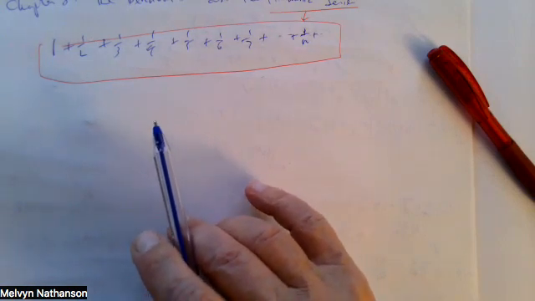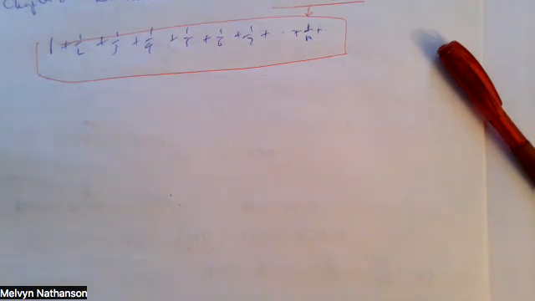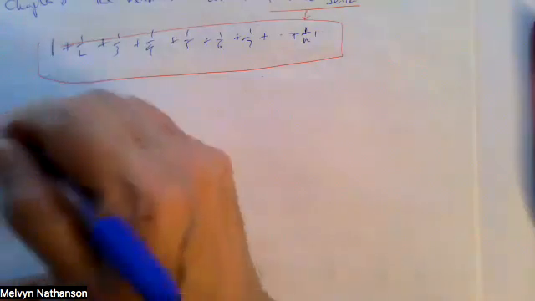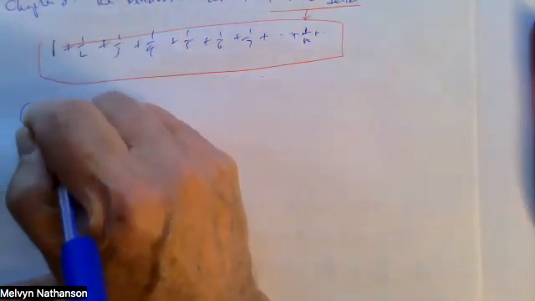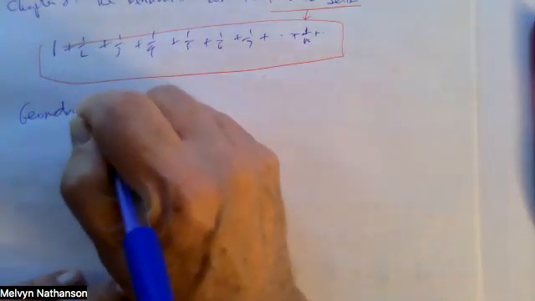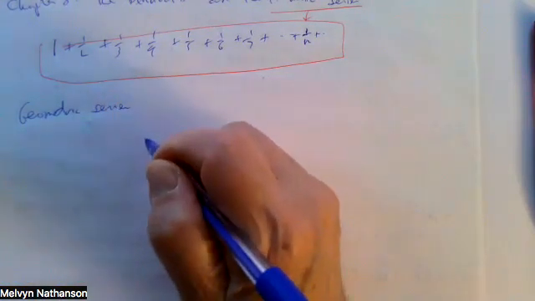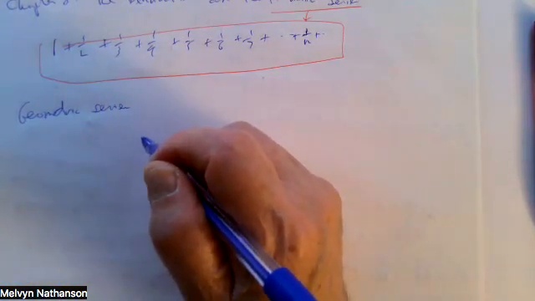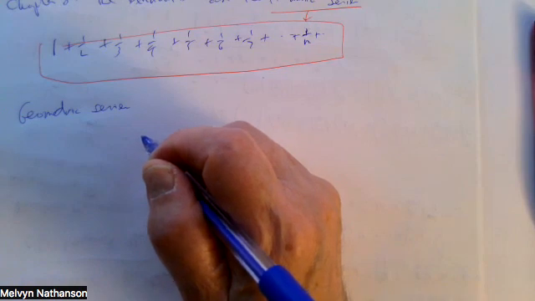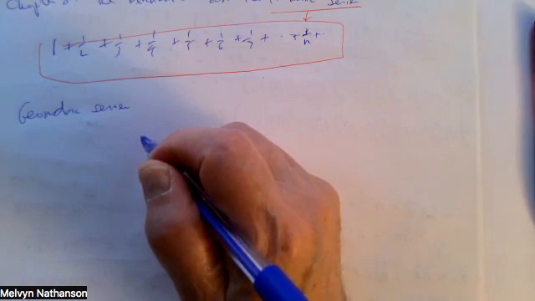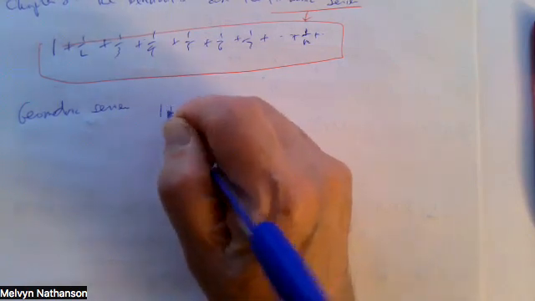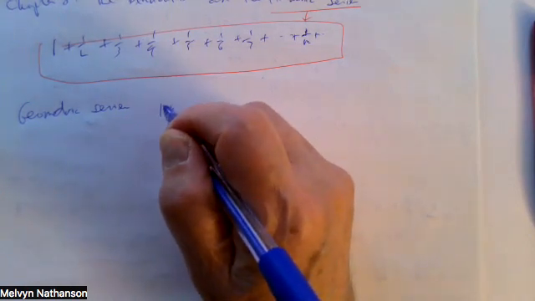So there is the basic example, which you absolutely have to already know because it came up in calculus, which is the geometric series. So a geometric series is a series where you start with 1 and you add a number.